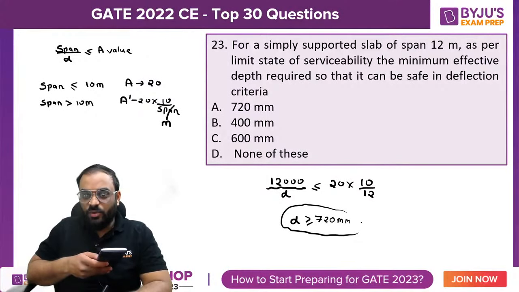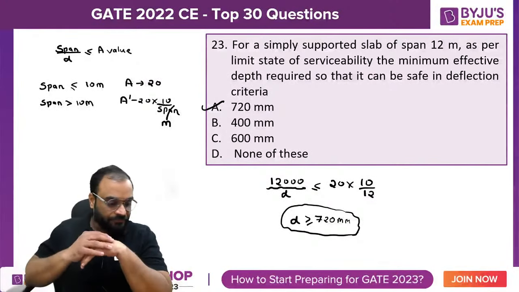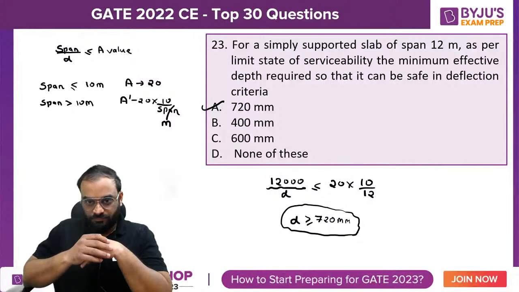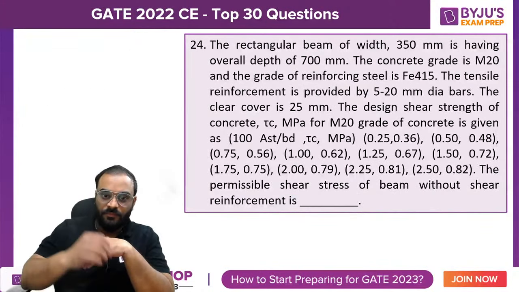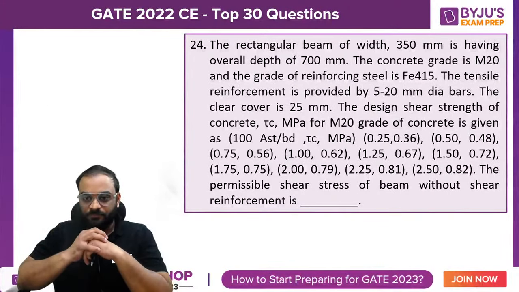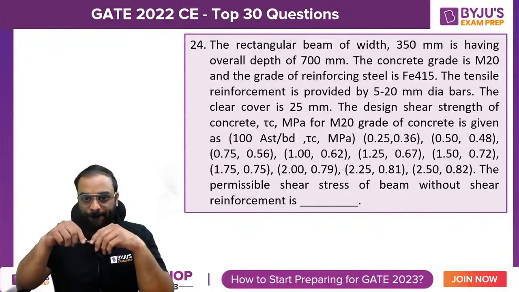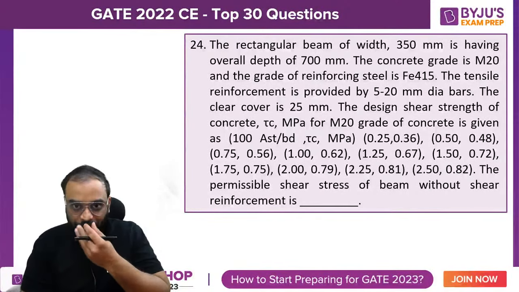So we are getting a value of 720 mm. Correct? A is the correct answer. 720 mm is the correct answer.